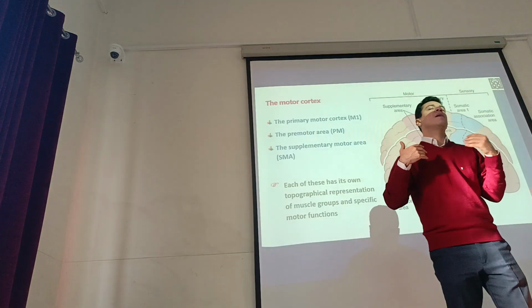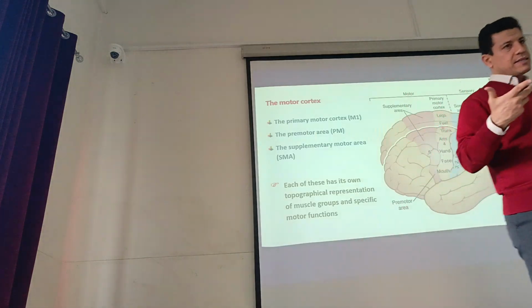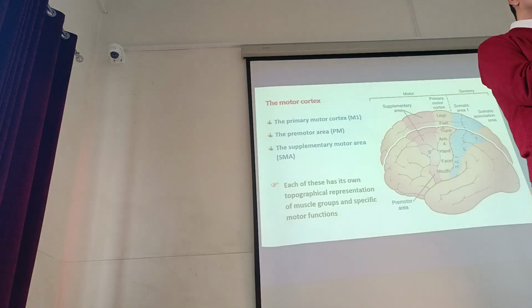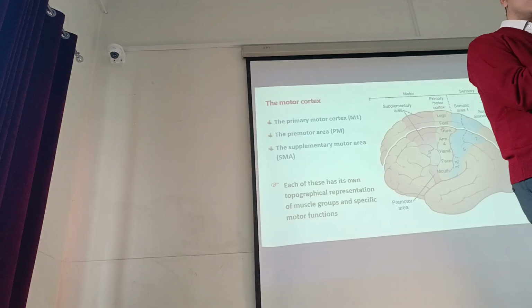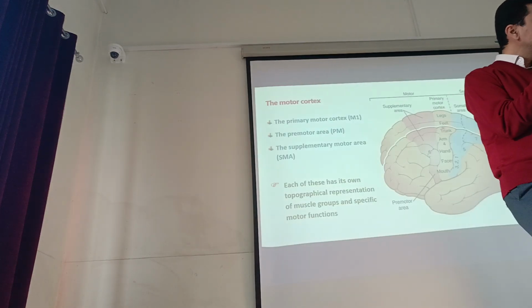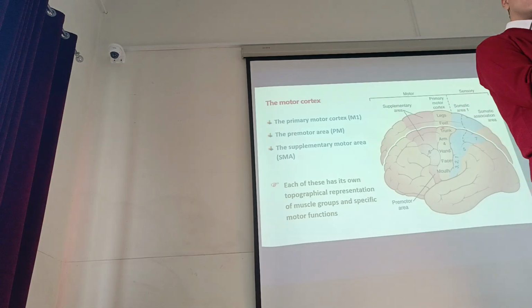So what do I mean when I say they are represented? We have some neurons related to legs between the hemispheres. If we activate these neurons, what happens? We'll have a movement in the legs, right?